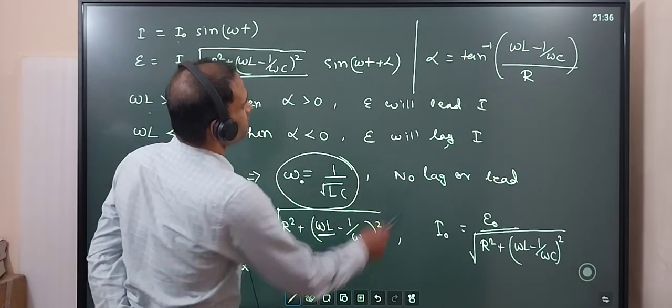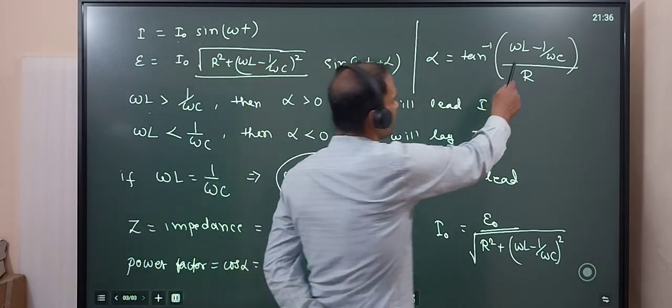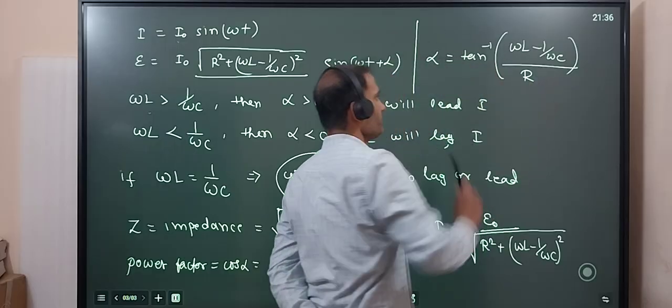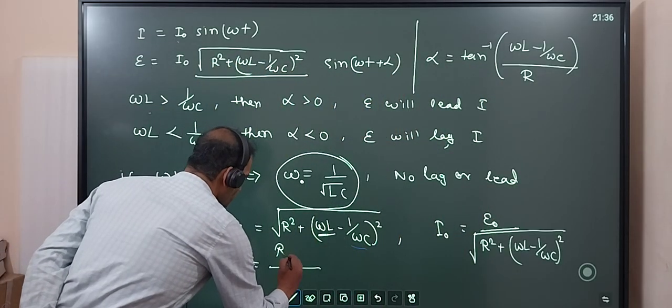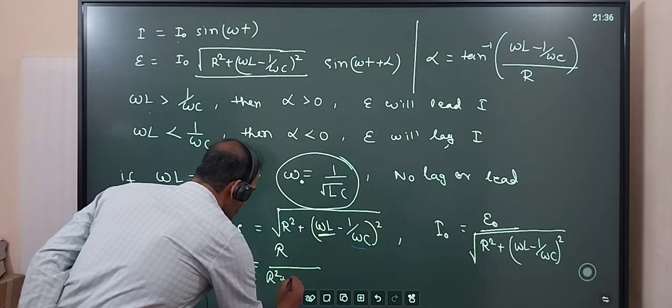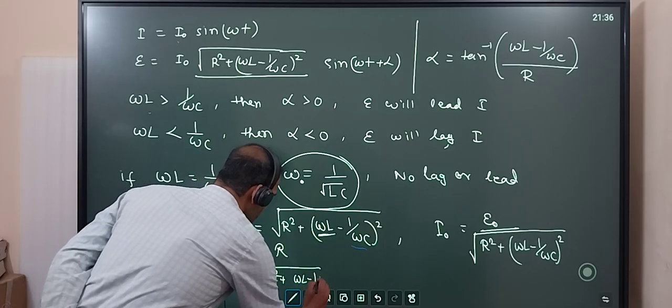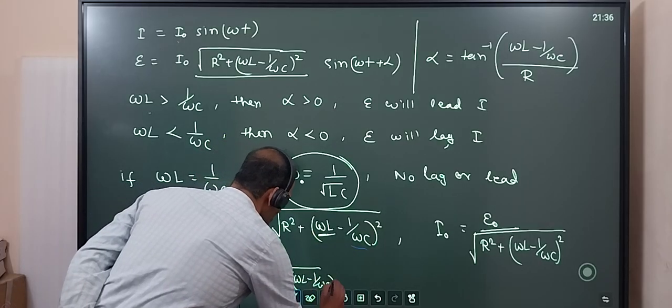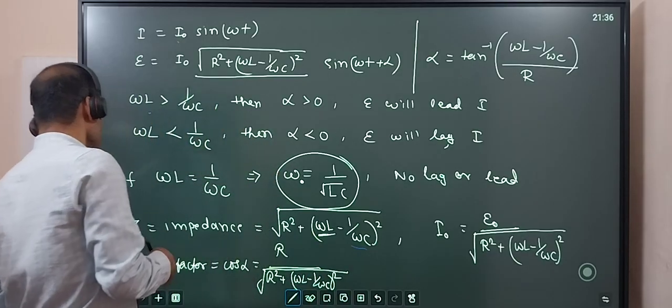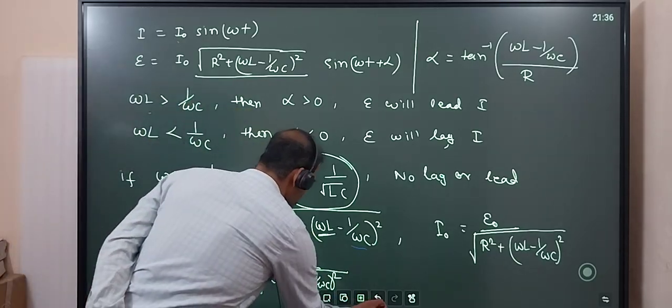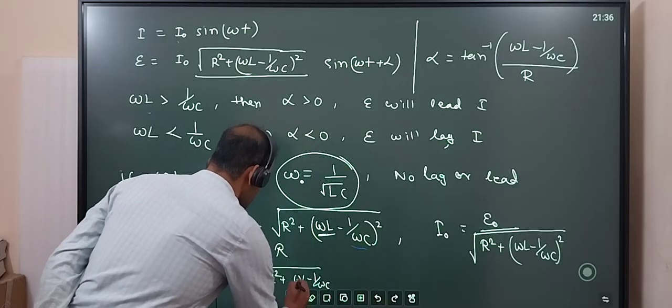Tan alpha is omega L minus 1 by omega C divided by R. So cos alpha will be R divided by the square root of R square plus (omega L minus 1 by omega C) the whole square. This will be our power factor.